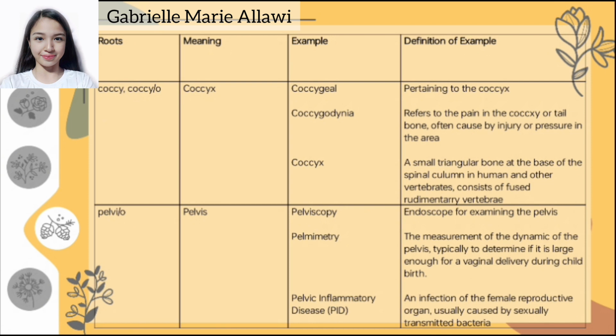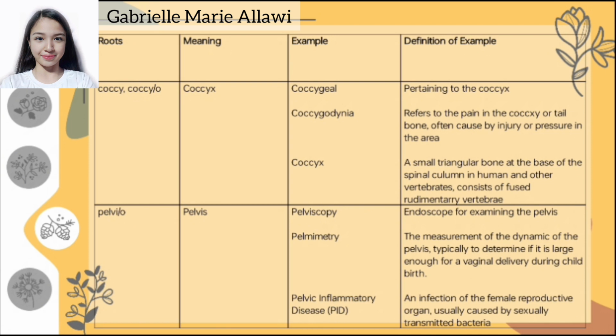Another example is coccydynia. Dynia is a medical suffix used to denote pain or discomfort. Coccydynia is a medical term used to describe pain or discomfort in the coccyx, the small triangular bone at the bottom of the spine.